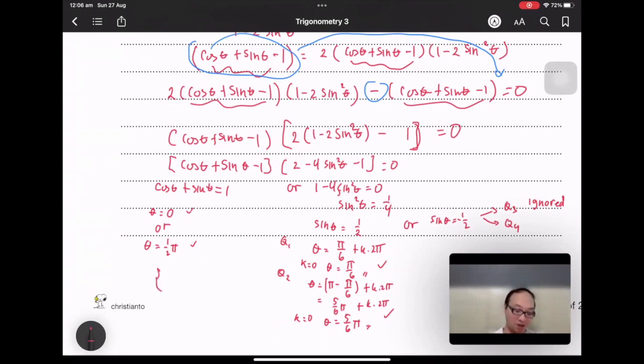If we write in order: 0, and then pi over 6, and then half pi, and then 5 over 6 pi. So that's the answer.